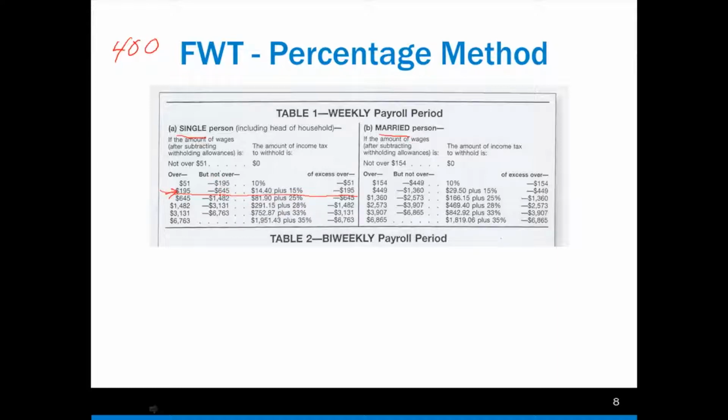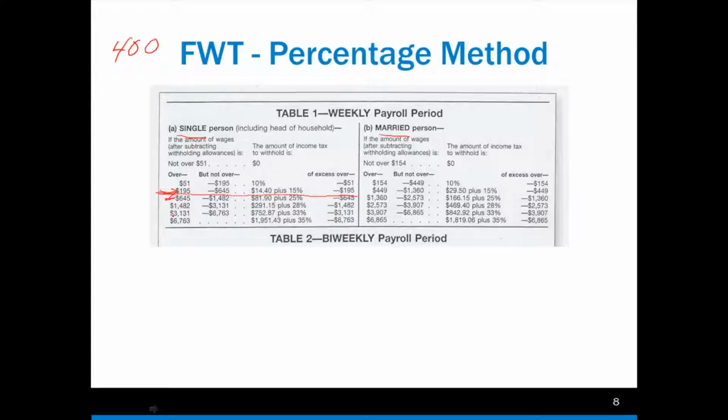So if I was paid $645 and 1 penny, that would drop me into the over 645 category, and I would use that line. But because I'm exactly at 645, I'm not over 645, so I would still stay on this line for the 195 to 645.